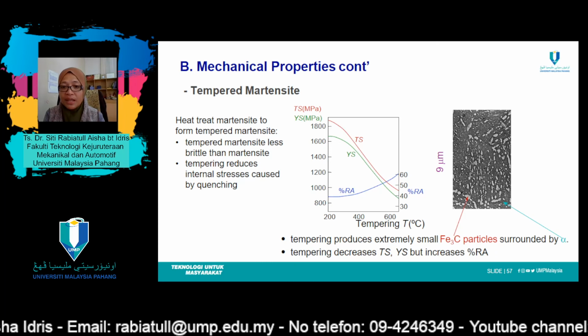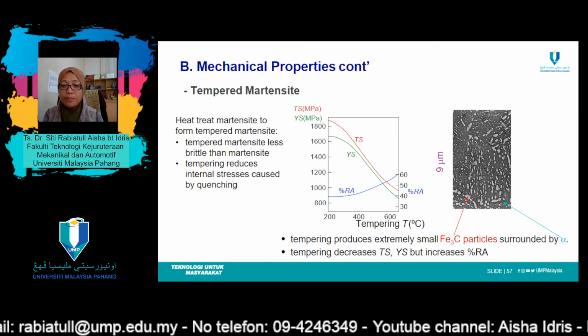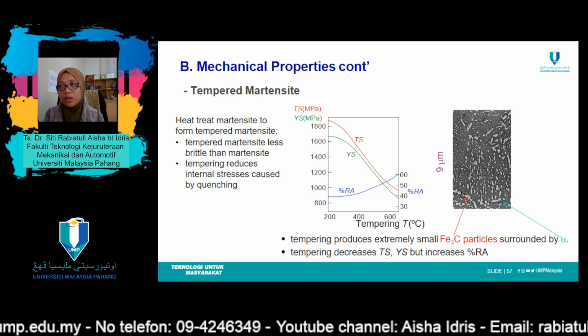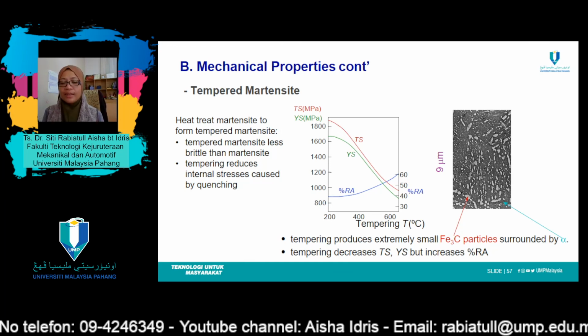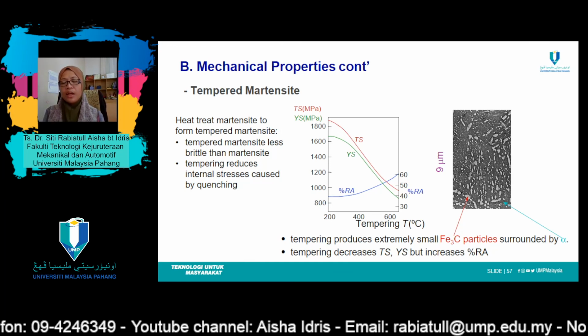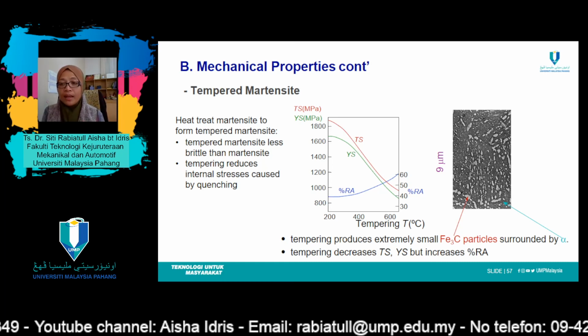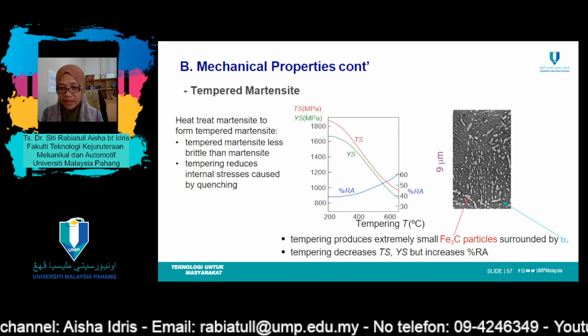The tempering process reduces internal stresses caused by quenching. So that's why tempered martensite has higher ductility. Sorry, tempered martensite has lower hardness than martensite.